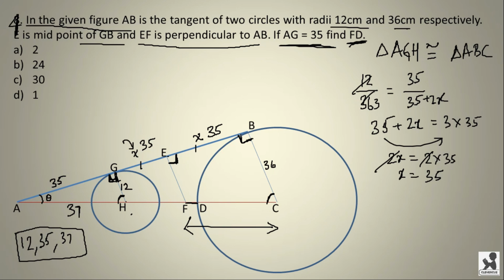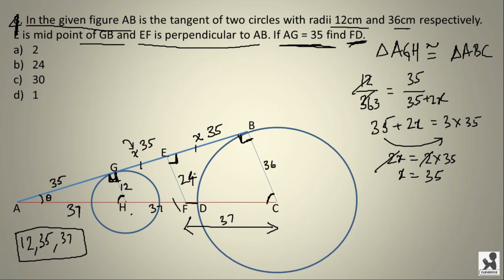Now we have calculated the value of 35. We can get the length of AH and HF as 37. And FC is also 37 because all these triangles are similar, and this is also the midpoint. Now G is the midpoint of line AE, so this one will be 24.